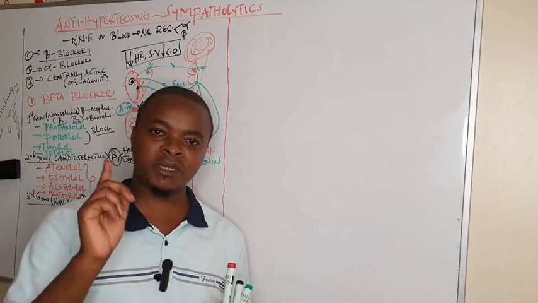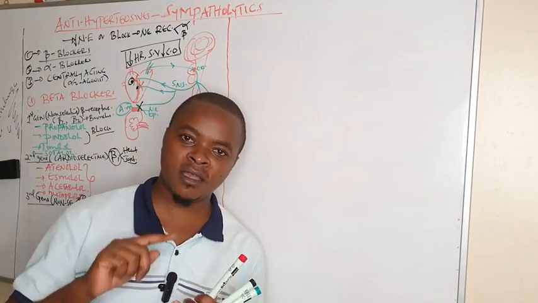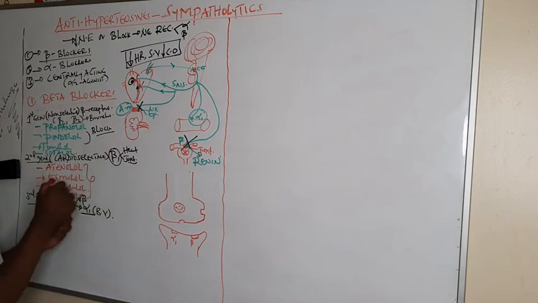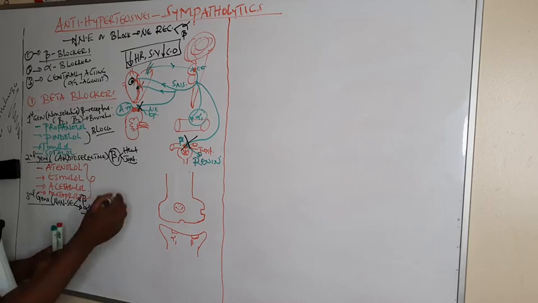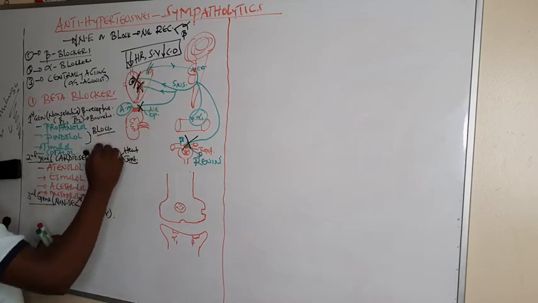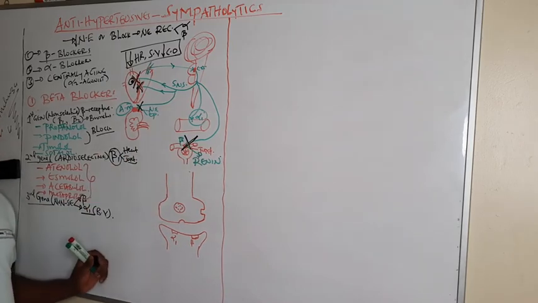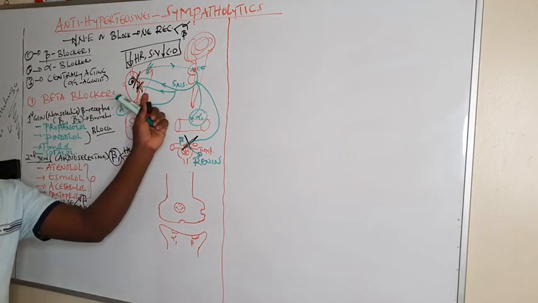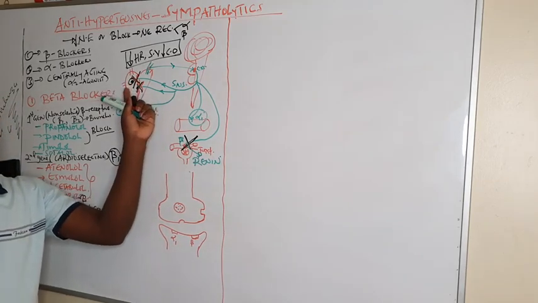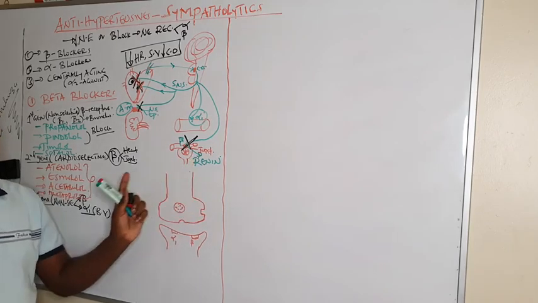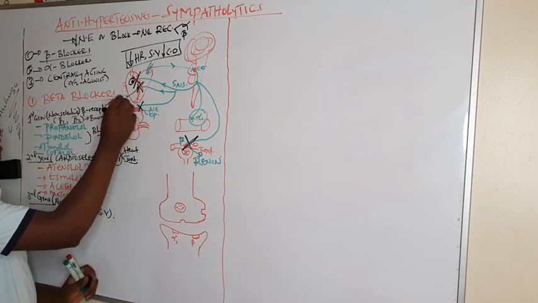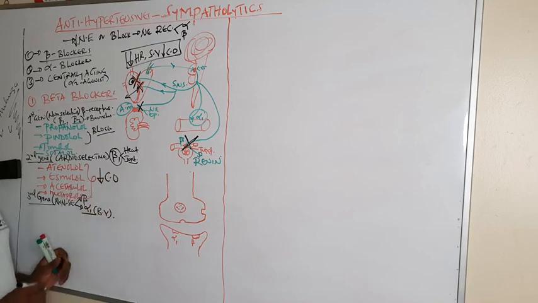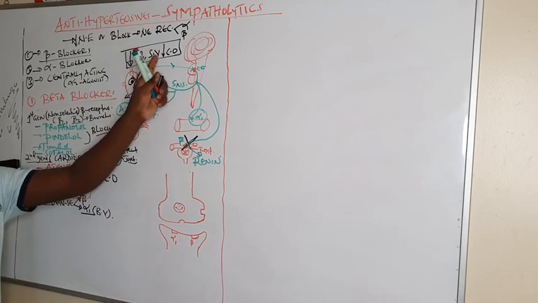For them, they bind only to the beta 1 receptors in the cardiac muscle and the juxtaglomerular apparatus of the kidney. So we are saying the cardioselective ones only block the beta 1 receptors in the heart muscle and in the juxtaglomerular apparatus of the kidney. And when they do that, after blocking the attachment of norepinephrine on the beta 1 receptors in the heart and the kidney, they inhibit contractility, that is, they reduce cardiac output by reducing heart rate and stroke volume.